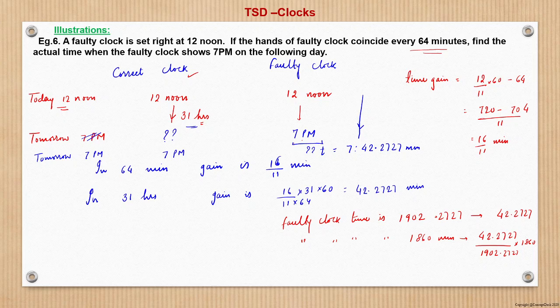So this comes to 41.333 minutes. So basically that means that when the faulty clock was showing 7 p.m., at that time the clock was 41.333 minutes ahead. So basically what was the time being shown in the correct watch?